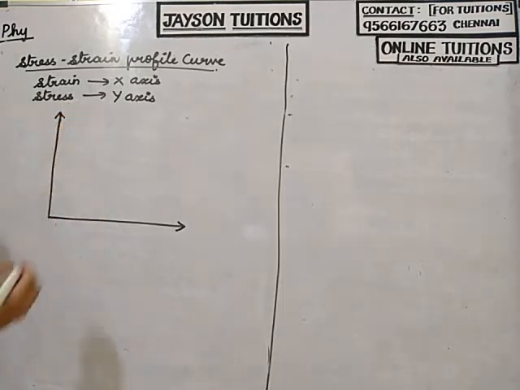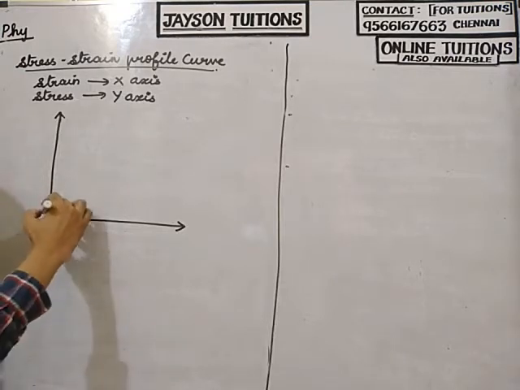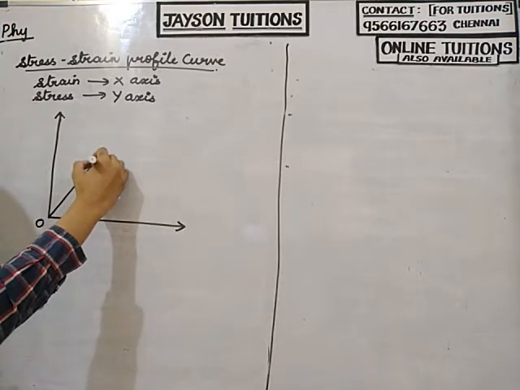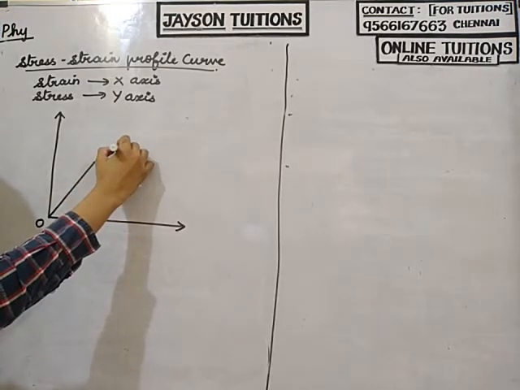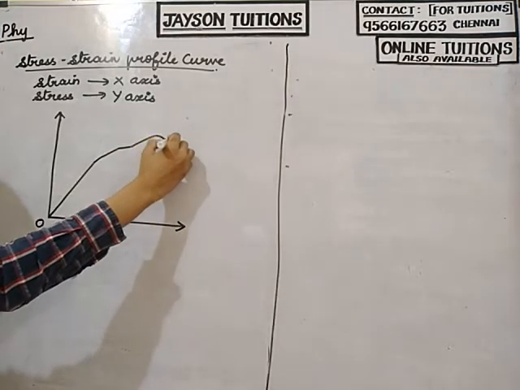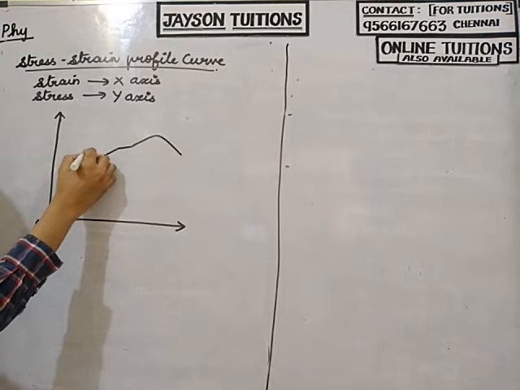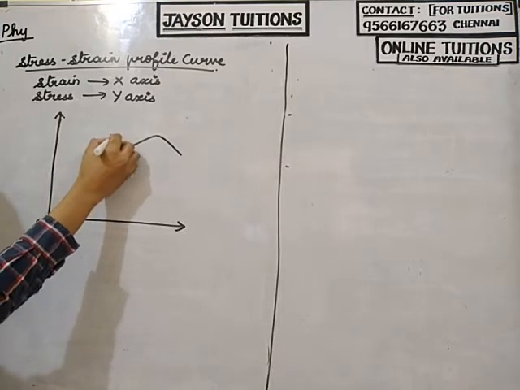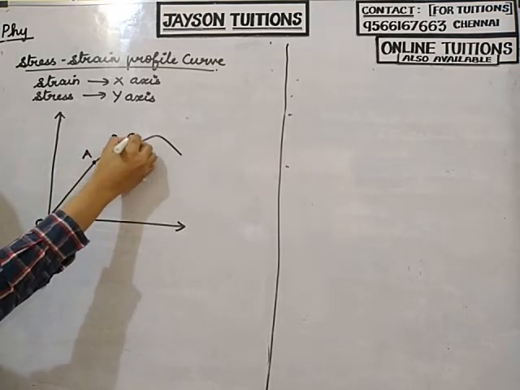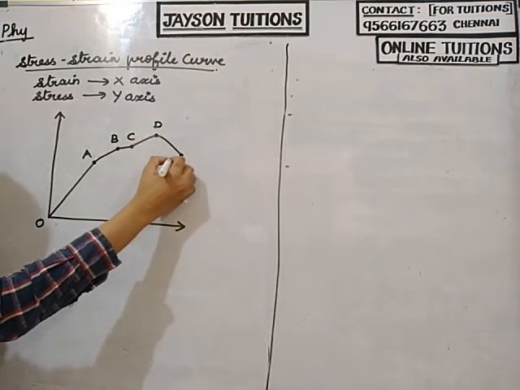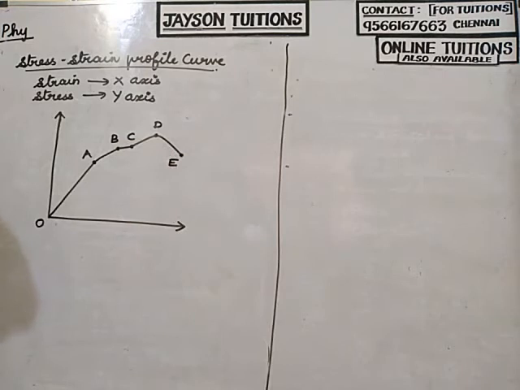This point I am naming O. Draw the curve properly, it should be like this. So O, this point is A, this point is B, this point is C, this point is D, and this point is E.